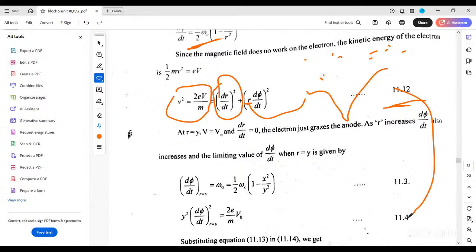Here v square equals 2ev by m, instead of v square in the polar equation, the cylindrical coordinates equation. The LHS term is brought down as it is. In the RHS term, dr by dt equal to 0. In place of r, y is substituted: y square d5 by dt.